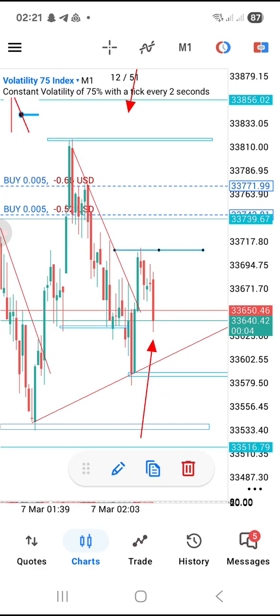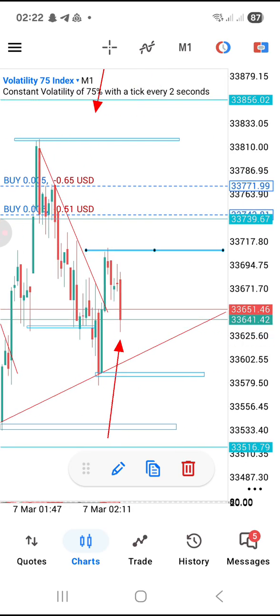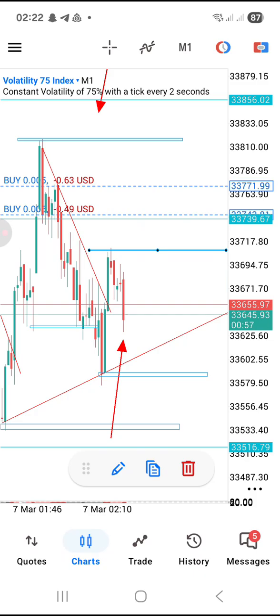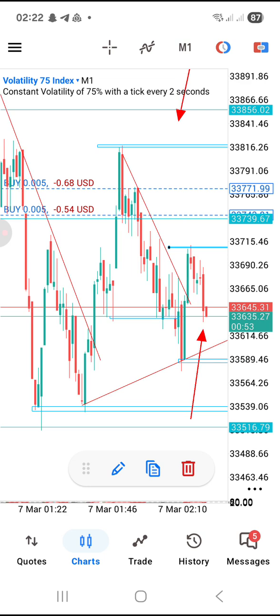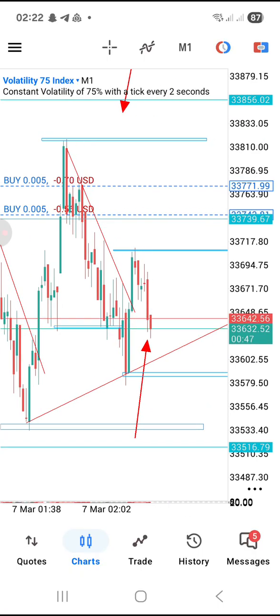Let's use this box. Check this out. This is a sell leg. There appears to be a pull up for this new trend. Or a sell leg. Let's watch.